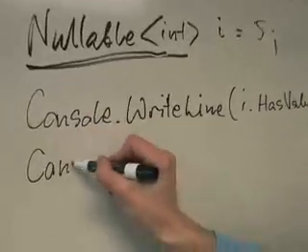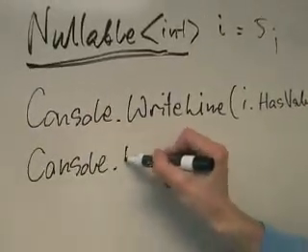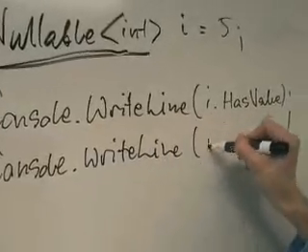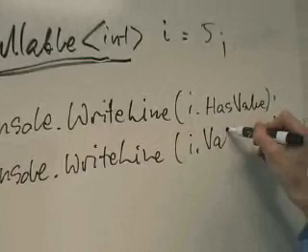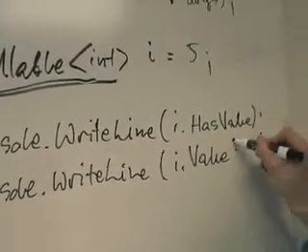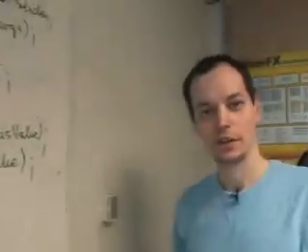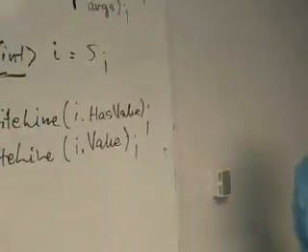So now the output from this short snippet would be HasValue true and the Value equals 5.